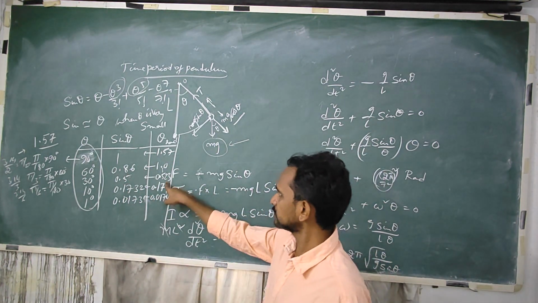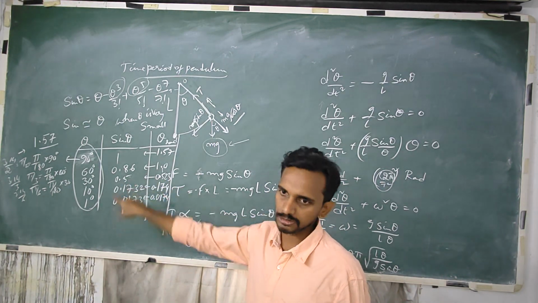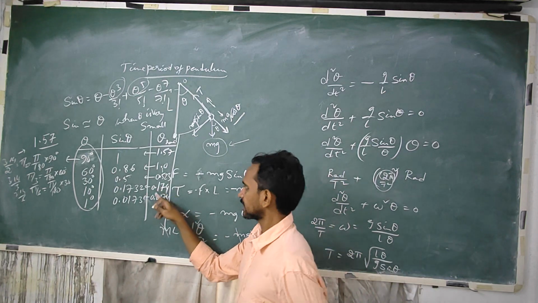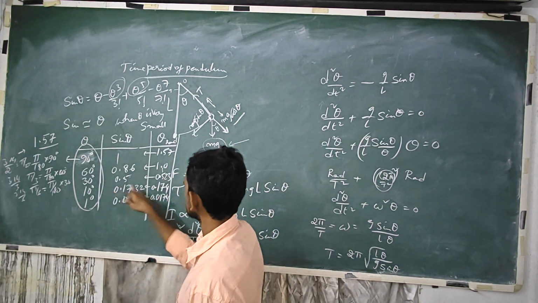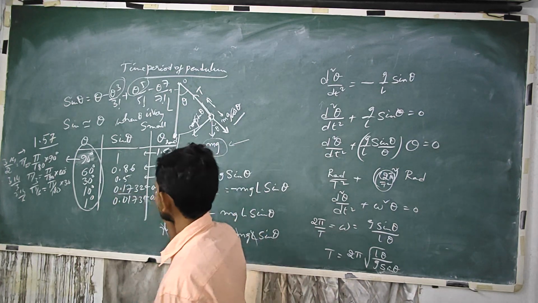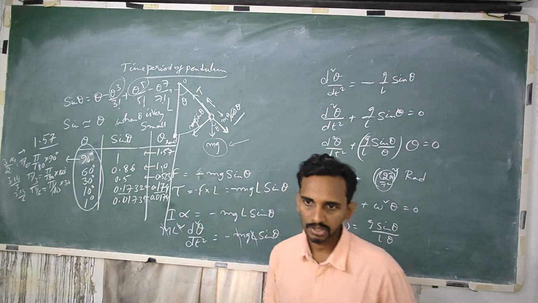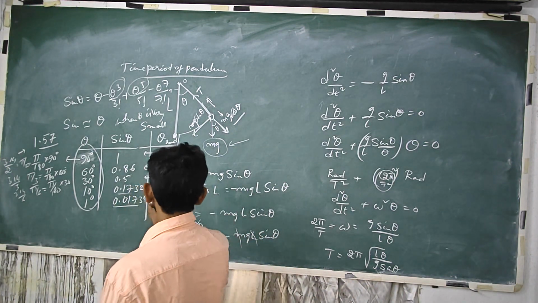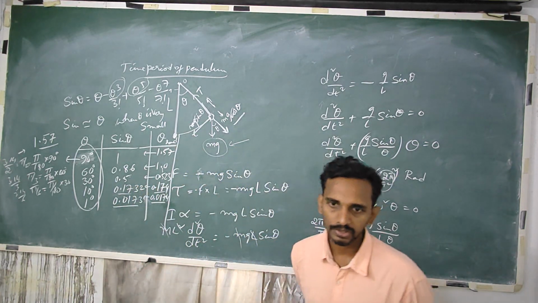Even if you round it off, this number is 0.5, this number is also 0.5. If you require accuracy up to 2 decimals, 10 degrees is a good number. So up to 2 decimals these numbers are matching, 0.17, 0.17. If you require even further accuracy, you may have to go for 1 degree.